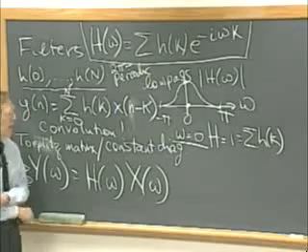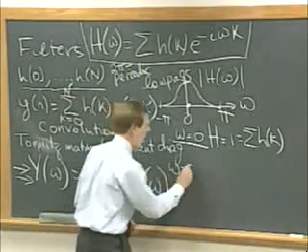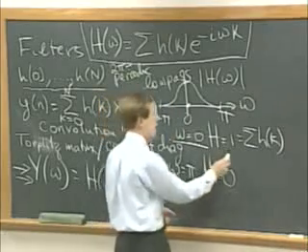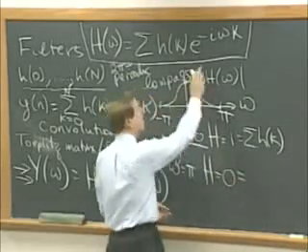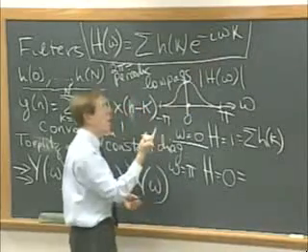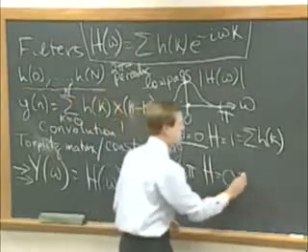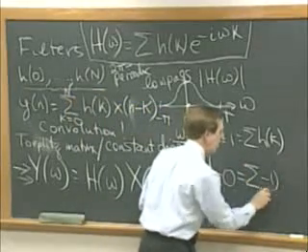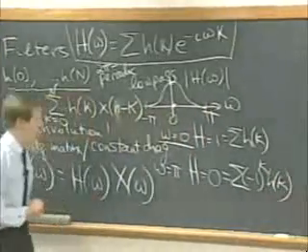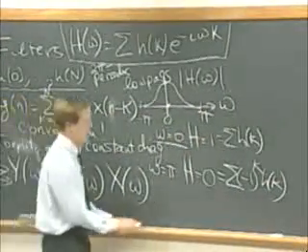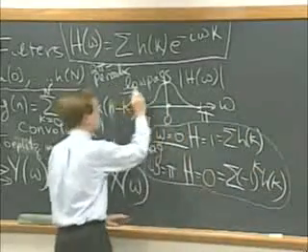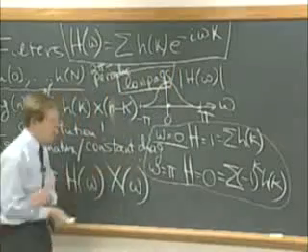Then at omega equal pi, where we want h to be 0, e to the minus i pi is minus 1, so that'll be the sum of minus 1 to the kth power h of k. So these are the conditions for a low-pass filter, and the opposite for high-pass.